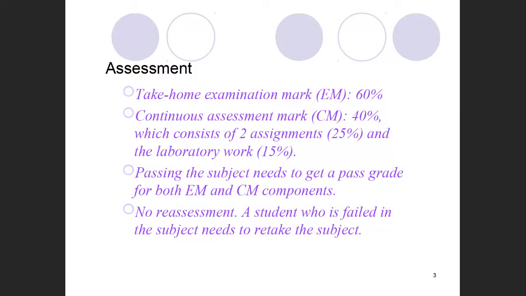Although we say 40% for the continuous assessment and 60% for the final examination, if you fail the final examination, no matter which grade you obtain for the continuous assessment, for example A+, the subject will fail.